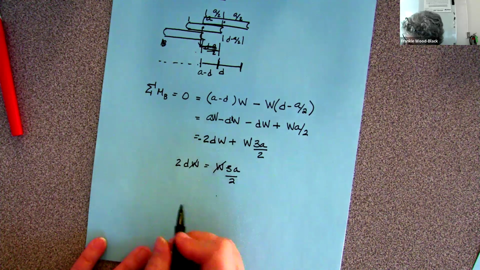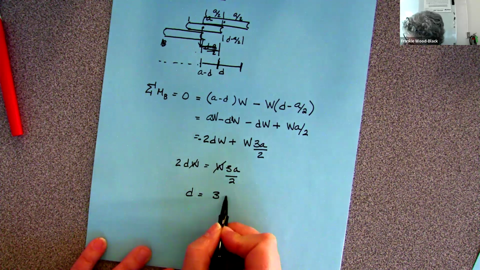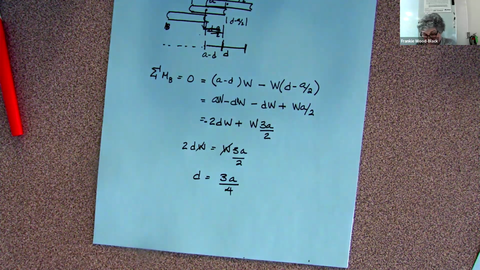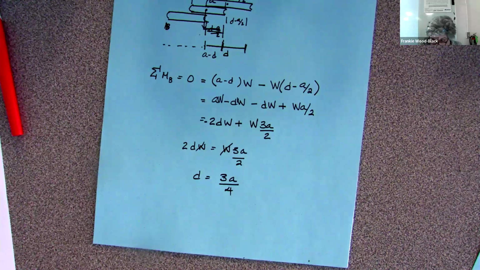Those cancel. D equals 3A divided by 4. And I think I'm going to stop there.